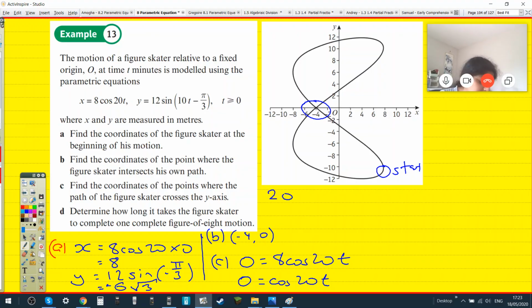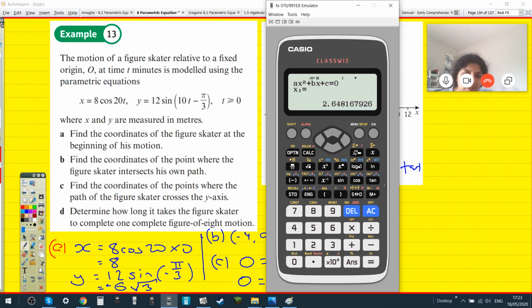So you'd have pi over 2 is equal to 20t. Was arc cos 0 pi over 2? Yeah, in radians. Why are you in radians? Oh, it's in radians, I think. I mean, there's a pi, so. Arc cos of 0. Yeah, pi over 2.